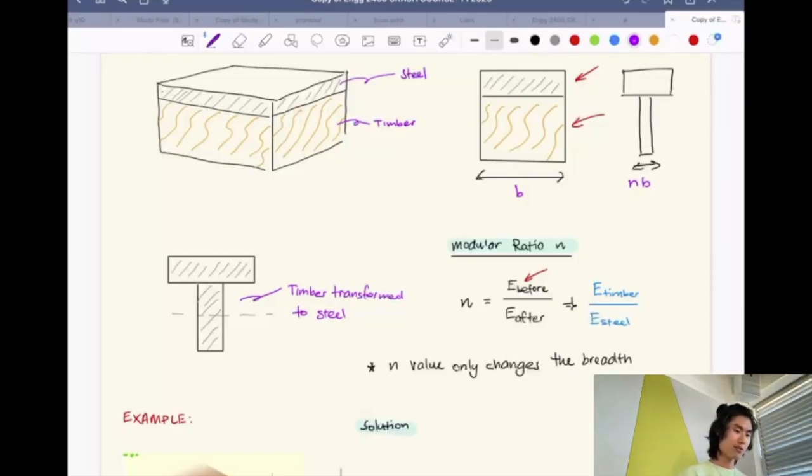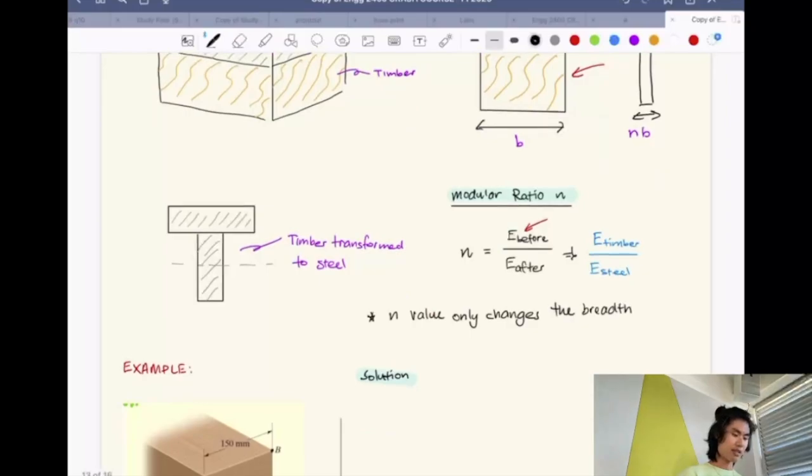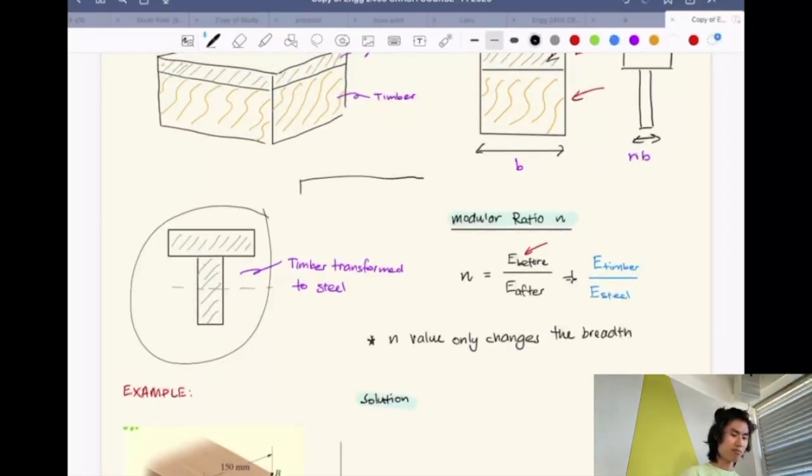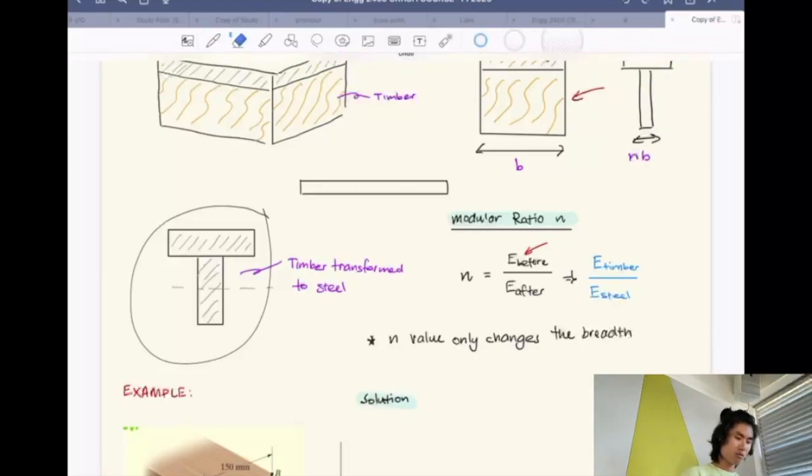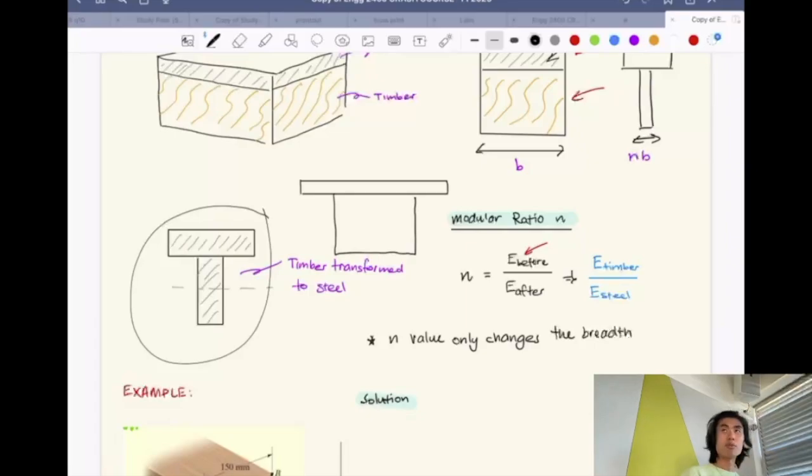Like if I was to convert this steel into timber, it would probably look something like this. And then that's the timber, that's the steel converted into timber.